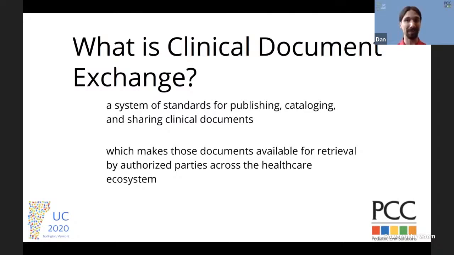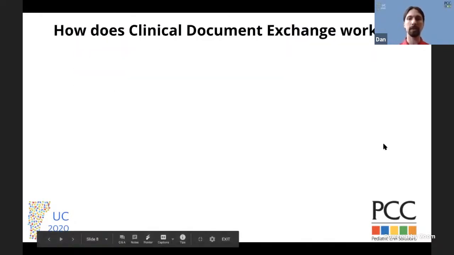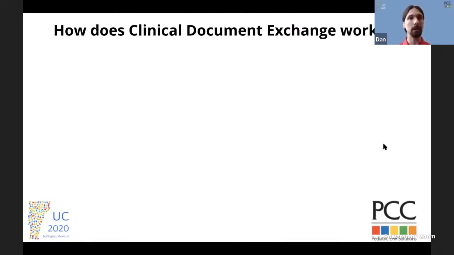That's a very important thing, authorized, across the healthcare ecosystem. The other interesting thing is that it is very much being retrieved rather than being sent. So it's not an email, it's not like direct secure message. It is you reaching into their system to get the documents yourself.